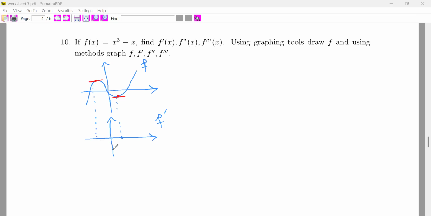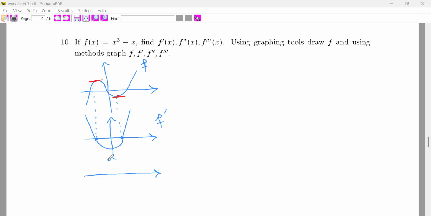Between these 2 points, the graph is decreasing. It means that the derivative is negative. So we have negative and it is continuous, something like this. Before this one, the graph is increasing. It means that you have positive part. And also after this one, it is also increasing. So you have positive one.